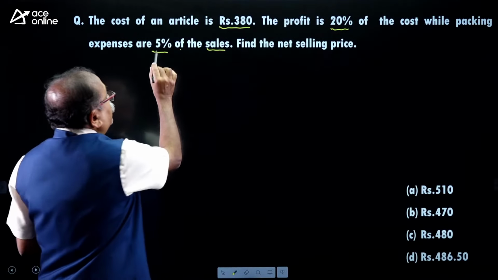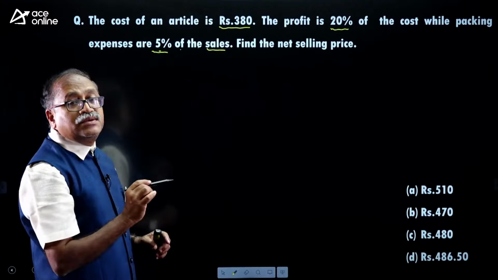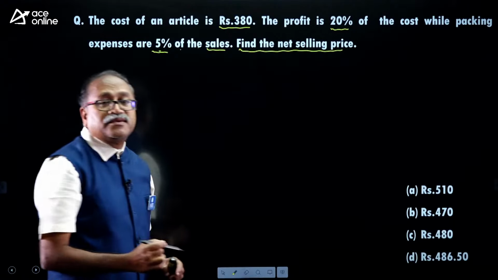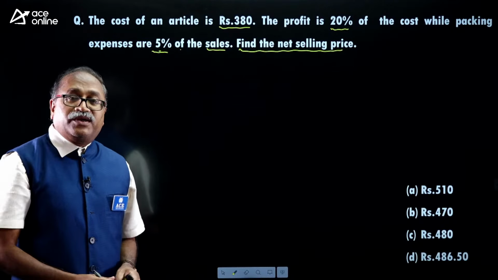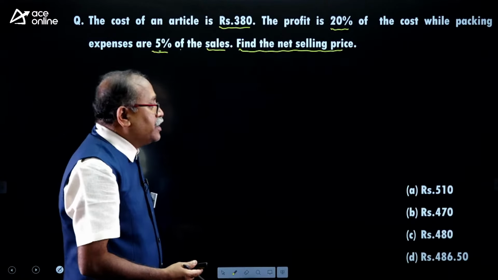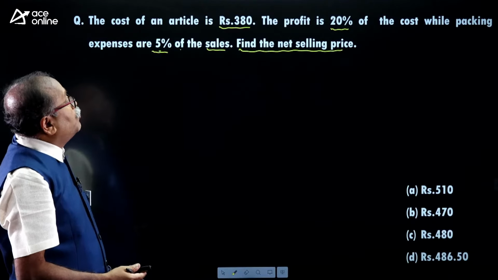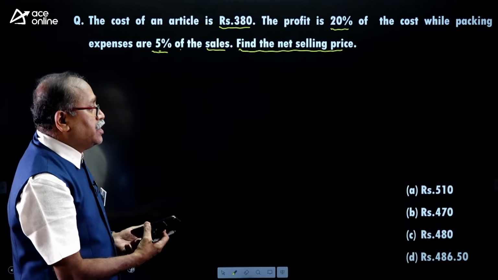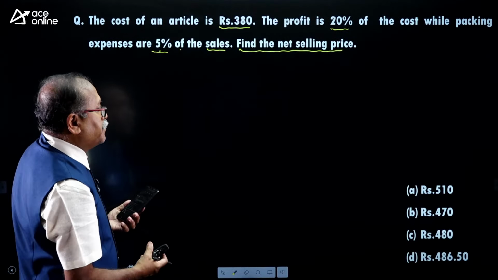Consider this, 5% of the sales. Then it says find the net selling price. Hope you are understanding, my friends. I'm looking at your comments. I'm sure you are able to answer the question.